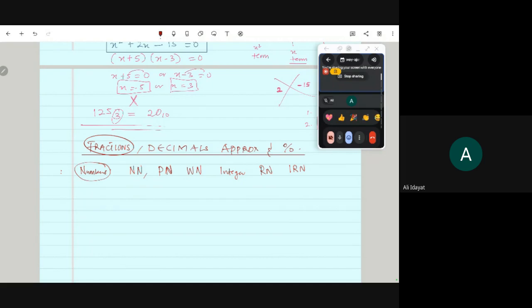Fraction is another thing we play with in mathematics. When we say fraction, it means part of a whole. Part of a whole.